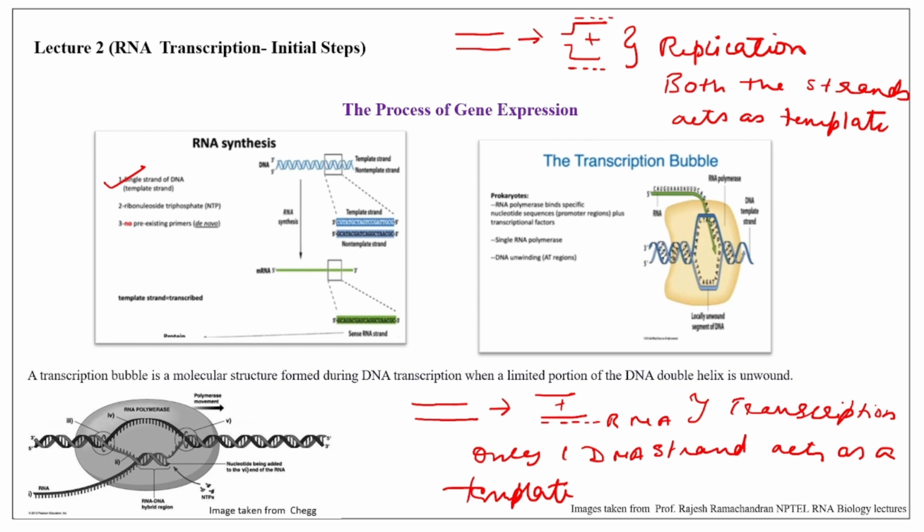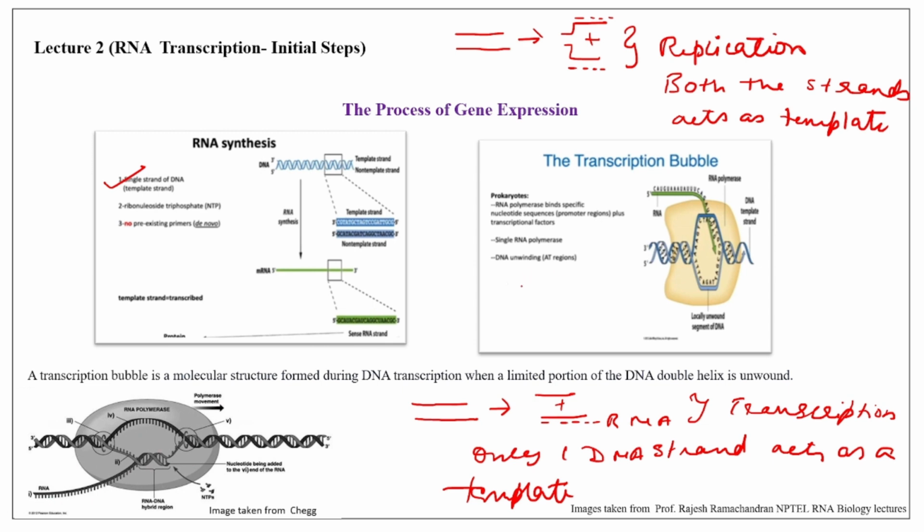You see the DNA is double stranded, okay, and only one of the strands acts as a template. So for the transcription to take place, the DNA is first melted and the two strands are separated, and when the two strands separate, it kind of looks like a bubble, therefore it is known as a transcription bubble. And when the two strands are separated, then the RNA polymerase comes and binds to it, and then RNA is formed.